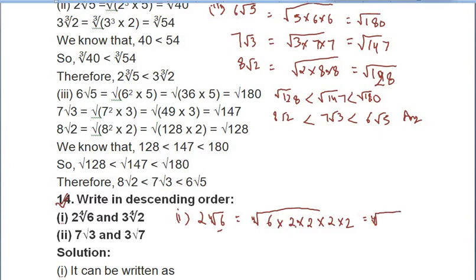6 2s are 12, 12 8s are 96. Then the next number is given 3 4th root 2.